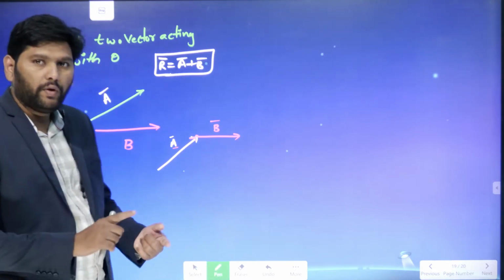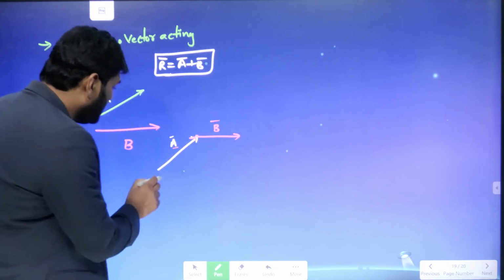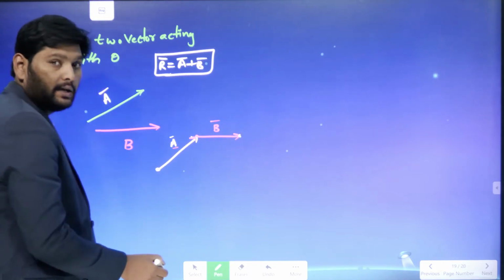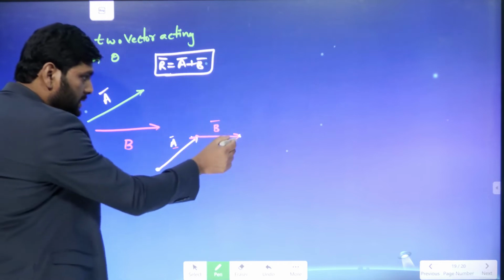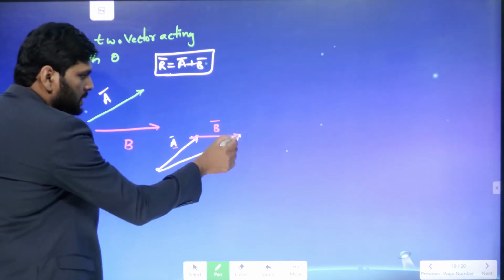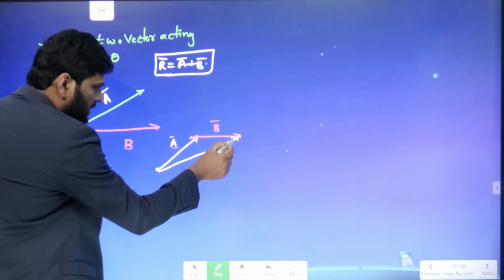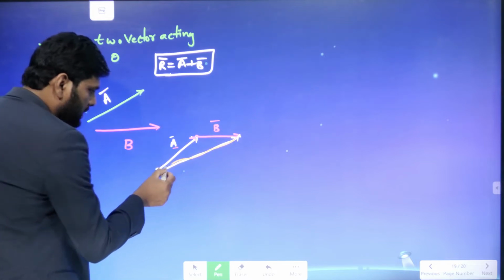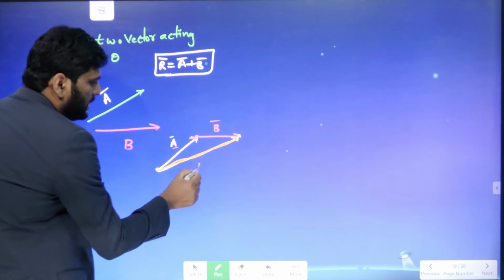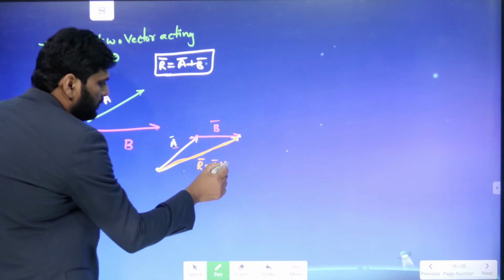Already I said, when you are joining first vector head and second vector tail, the line from the initial vector tail to the final vector head represents what? Your vector addition. This line, in a straight line, is representing what? R bar. This R bar is equal to A bar plus B bar.